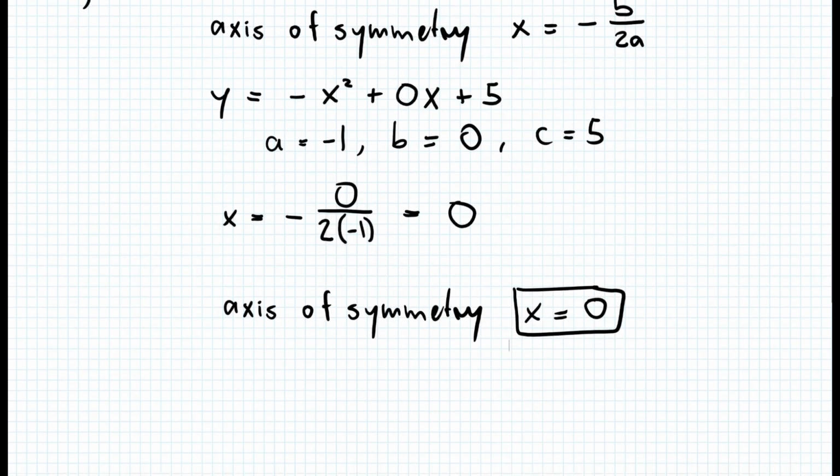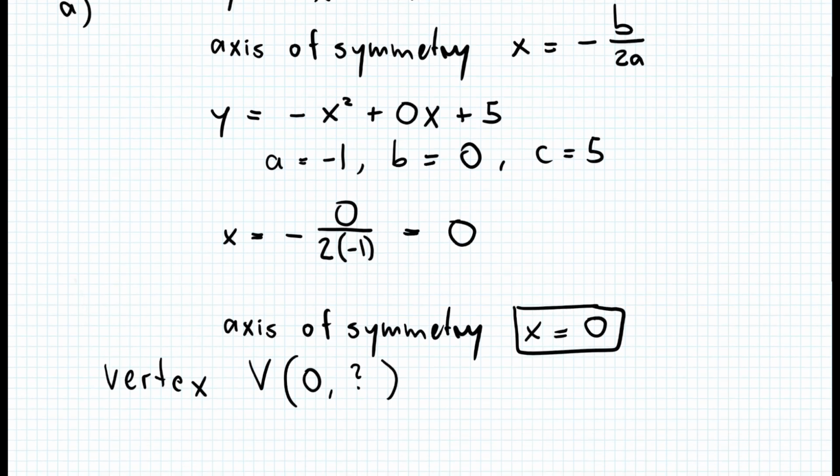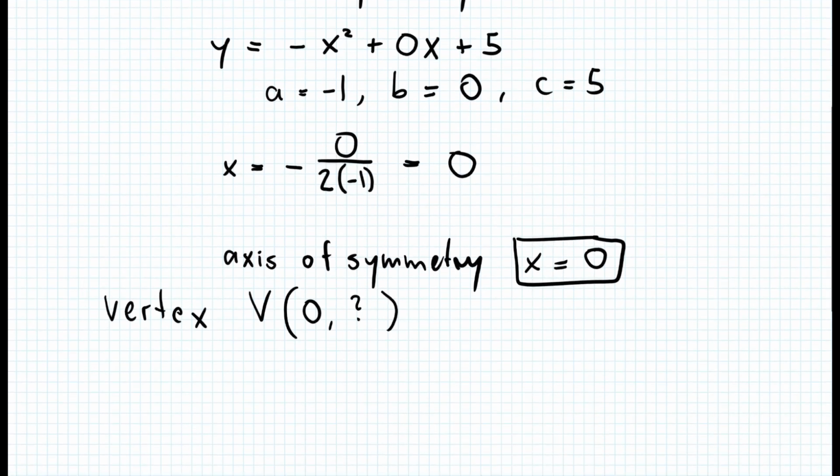We know that the vertex goes through the axis of symmetry. So if that is the x value, so let's write this in, the vertex v, we know that x is 0. All we need to do is find this y value here, okay? So how do we do that? All we need to do is substitute into the original equation.